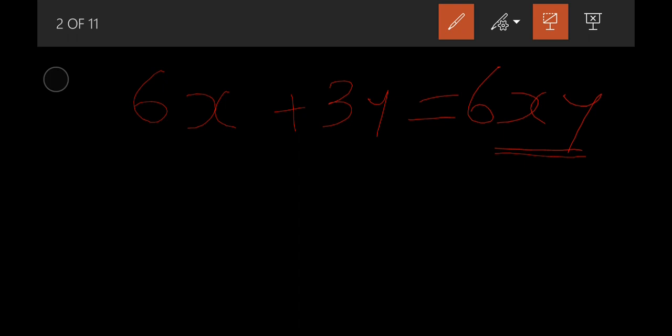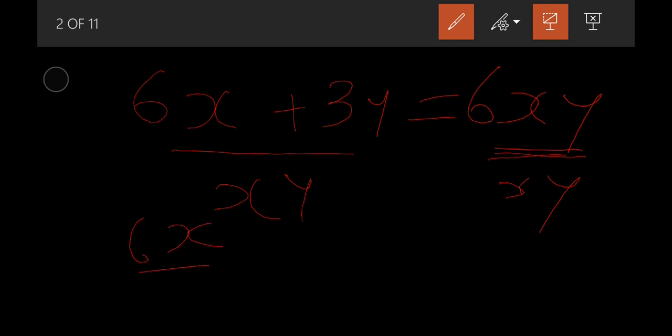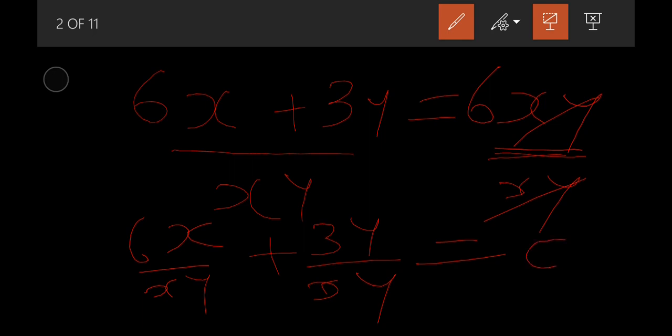So we divide both sides, means LHS and RHS, by xy. So now giving the denominator to both terms, we get 6x by xy plus 3y by xy, and here xy will be cancelled, then equal to 6.